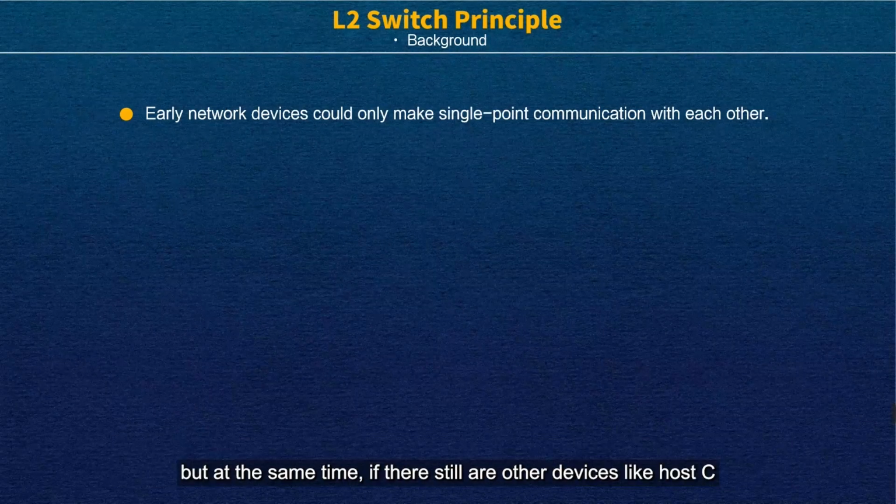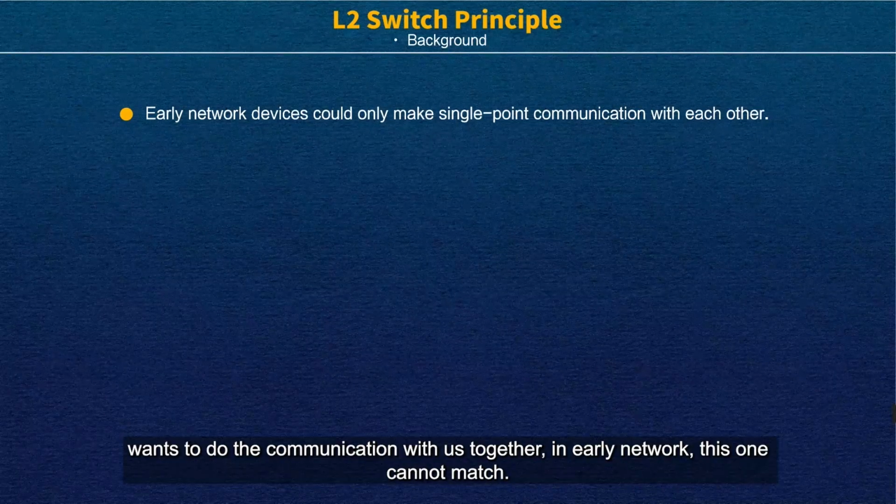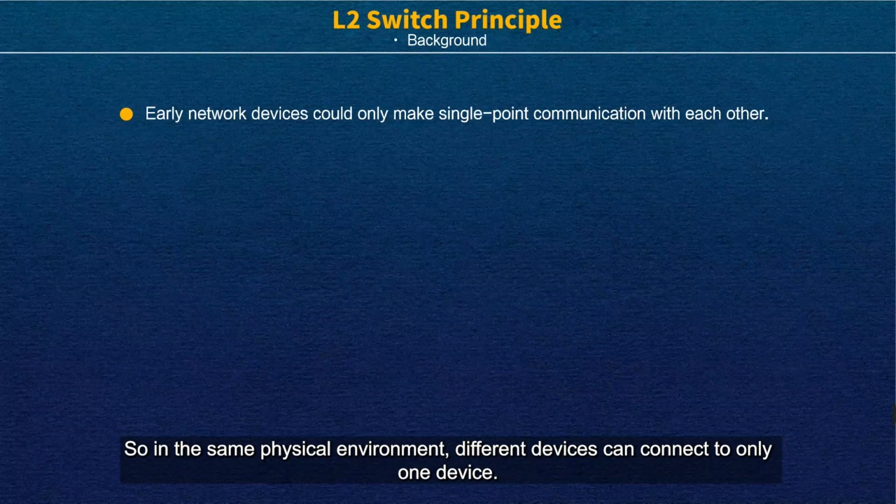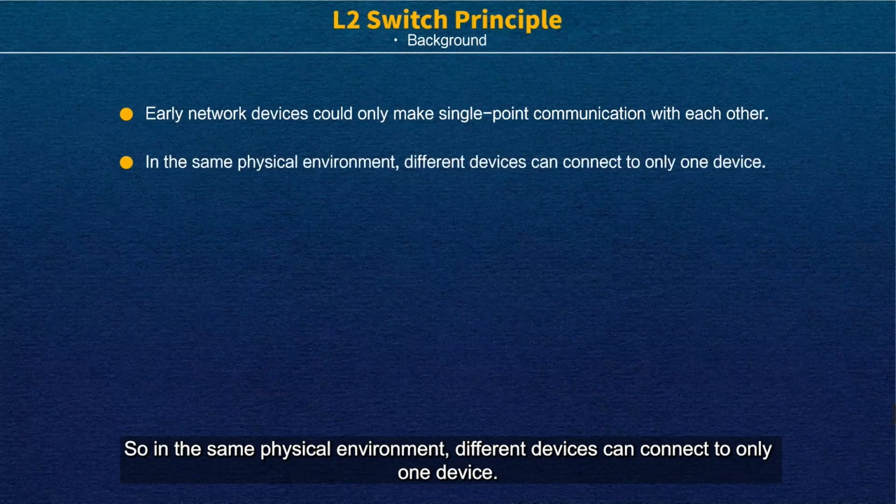But at the same time, if another device like host C wants to communicate with us together, in early networks this could not be supported. So in the same physical environment, a device could connect to only one other device.